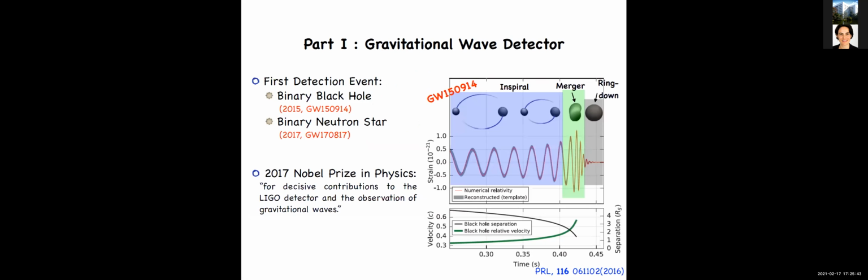For the quantum state, we demonstrate experimental fast reconstruction of the Wigner function in phase space for continuous variable quantum states. First, I will talk about the gravitational wave detector.